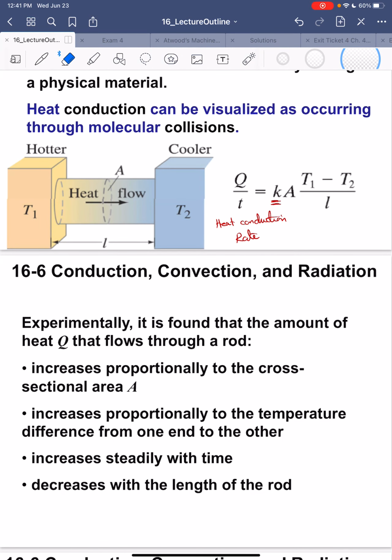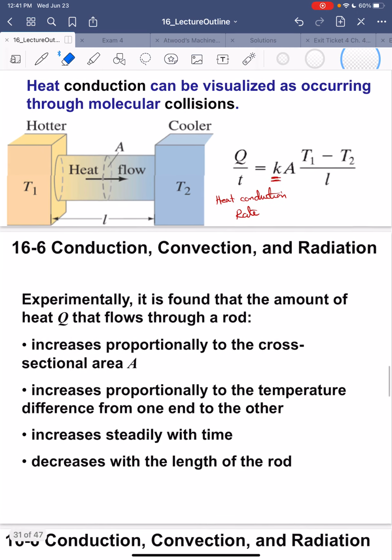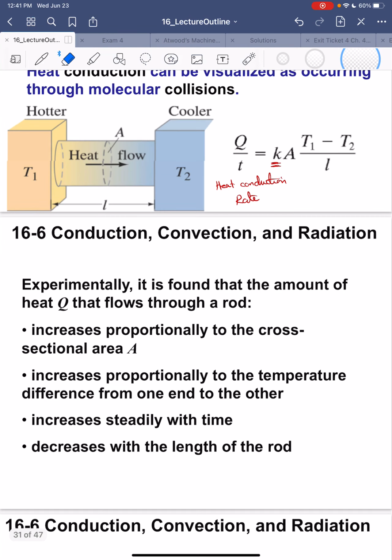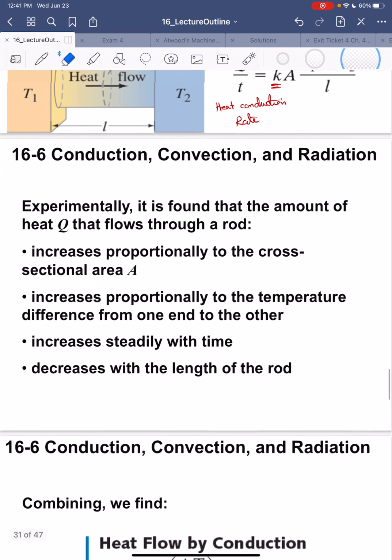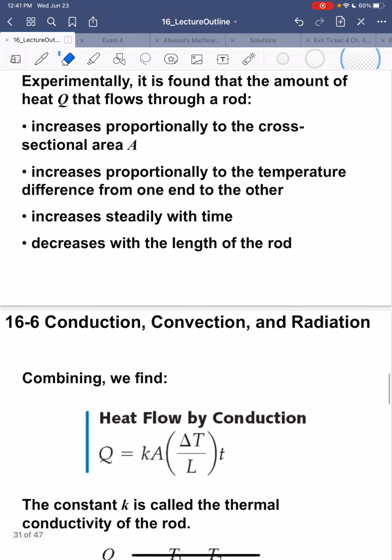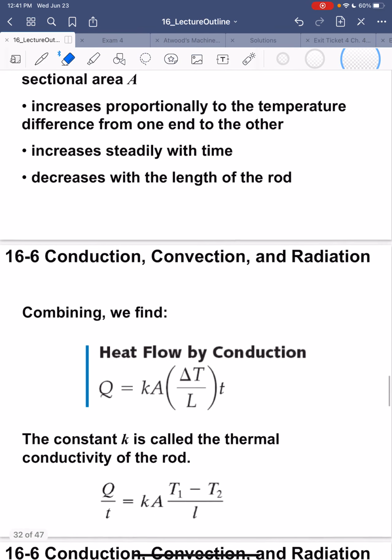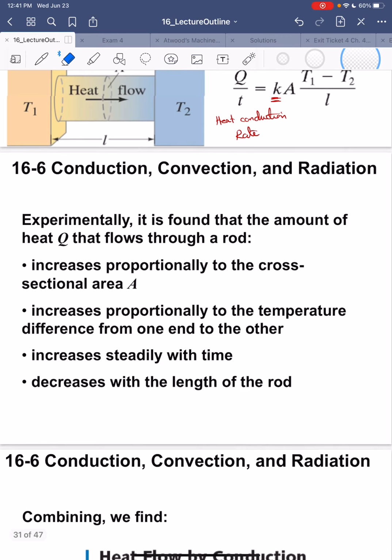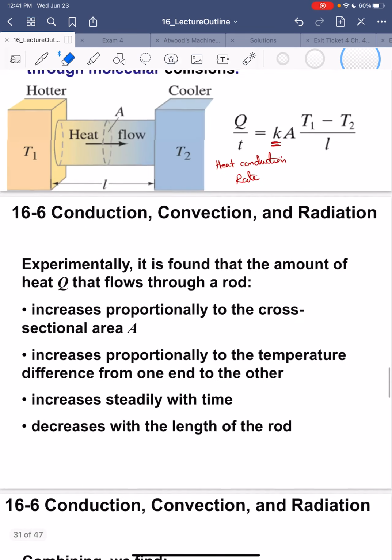Experimentally, it is found that the amount of heat that flows through a rod increases proportionally to the cross-sectional area, increases proportionally to the temperature difference, and increases steadily with time, and decreases with the length of the rod. We can combine it this way, this is another way of writing it.